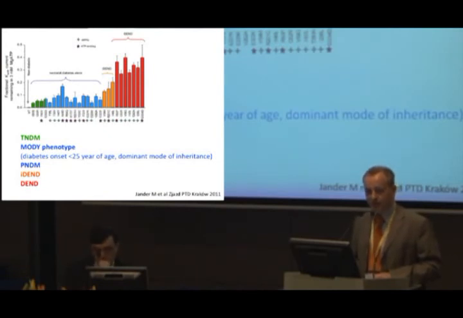So we can have transient neonatal diabetes, permanent neonatal diabetes, we can have iDEND or DEND phenotype, but in some very unusual cases we can have a real MODY phenotype, so it means that this is a kind of MODY, I don't know, Alessandro, 12 or 13 or something like that.